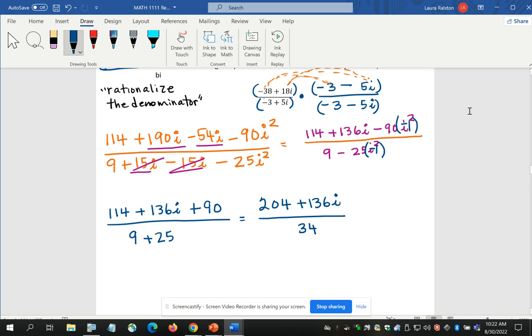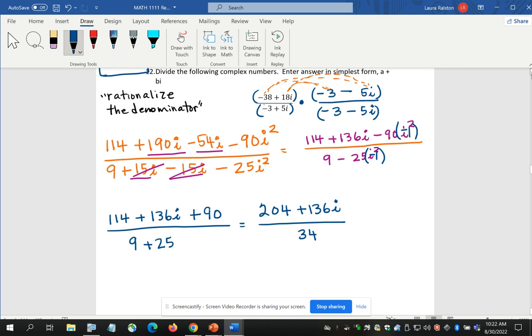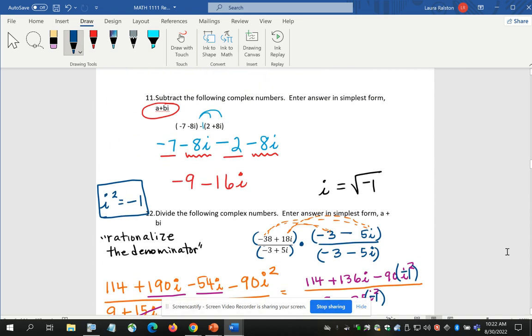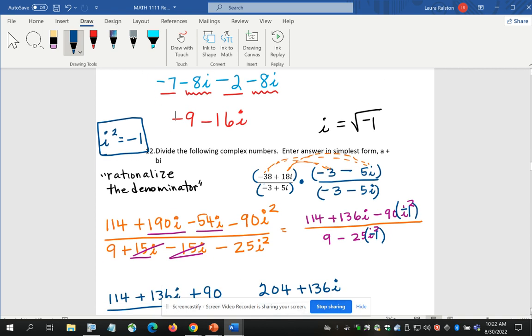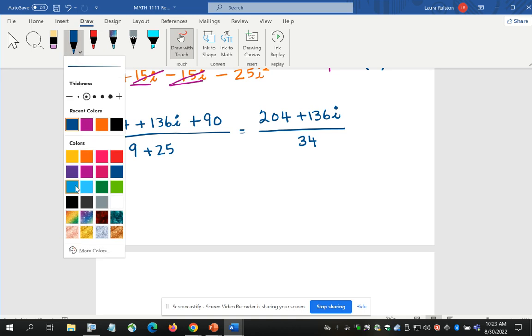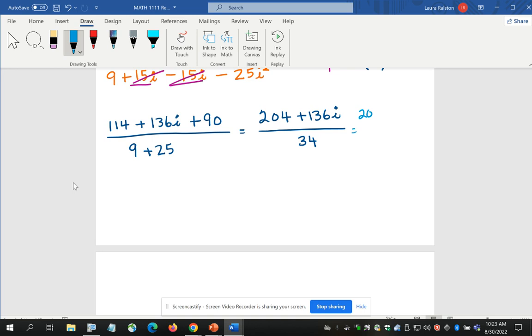And then I need to see, because again, look at how they want the answer. They want it in that form, a plus bi. Well, I don't quite have it in that form yet. So I'm going to break this apart and get it in that format, and then I may have to do some simplifying too. So I have 204 over 34 plus 136i over 34.